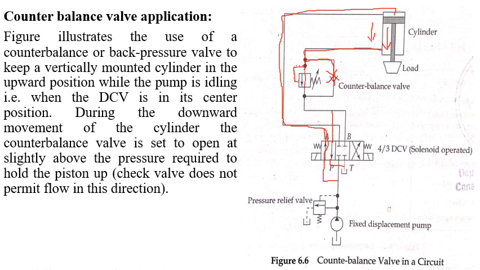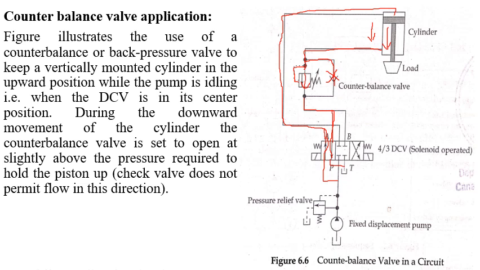This way back pressure is created, and that back pressure is slightly higher than the pressure required to prevent the load from free falling. And as usual it is connected to the reservoir like this. Okay, this happens during extension of the cylinder, the extension stroke.